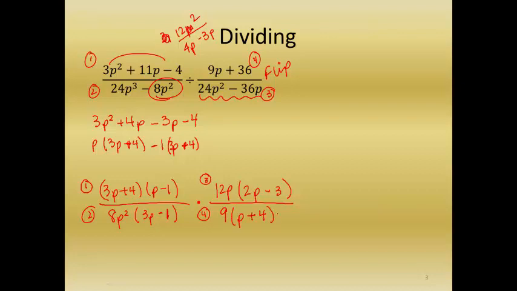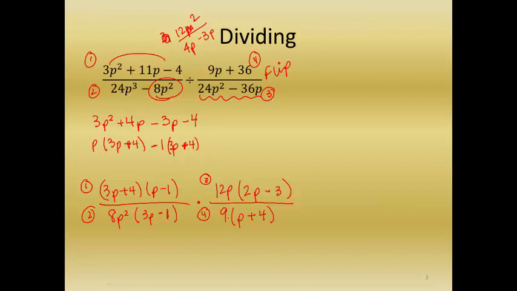So I need to scan this and see if there's anything that I'm able to reduce. Remember, I'm not canceling stuff and just slashing it off of the screen. I am going to try to reduce everything. And I don't see anything that's in parentheses that's able to be reduced, but I do see that I have a 12p, an 8p squared, and a 9.